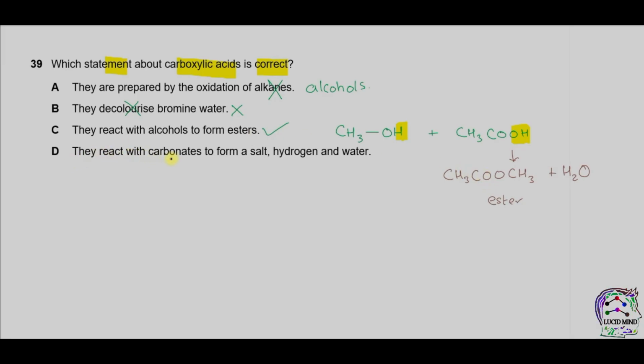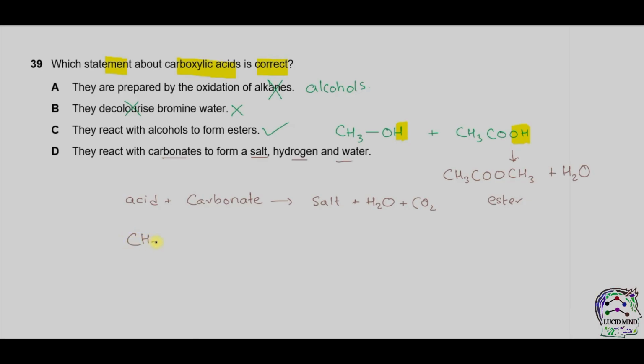Part D. They react with carbonates to form salt, hydrogen and water. Let's do the reaction. Carboxylic acids are acids, so they react with carbonates to form salt, water and carbon dioxide. We can do an example.